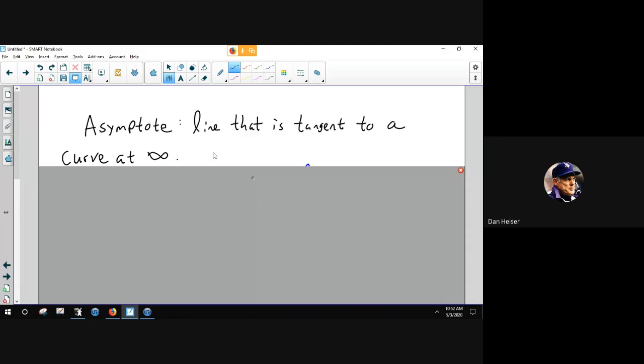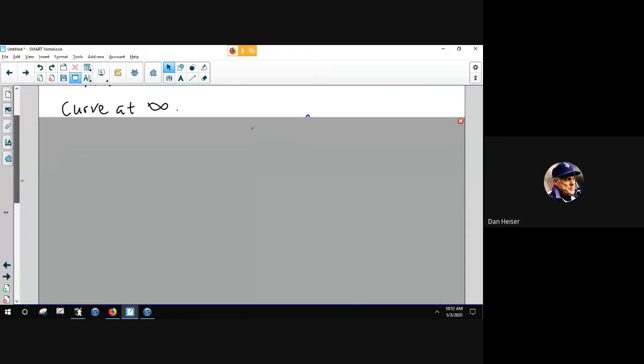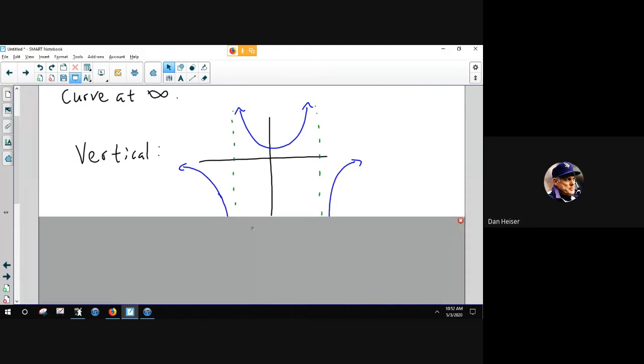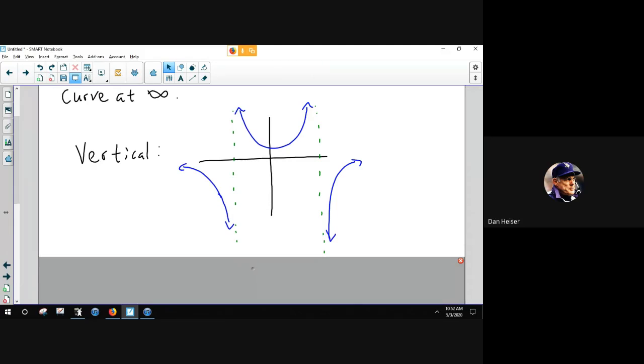Or the graph of a function gets closer and closer to an asymptote, but it never gets there. Three types of asymptotes. One that you're familiar with is the vertical asymptote.